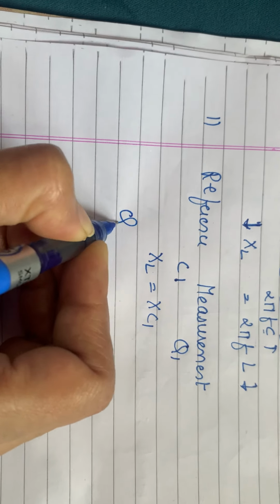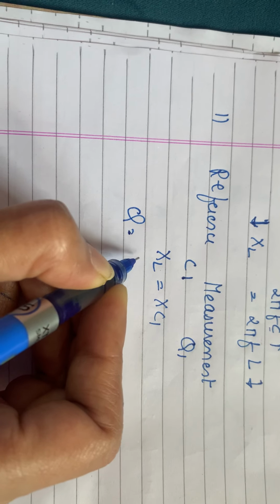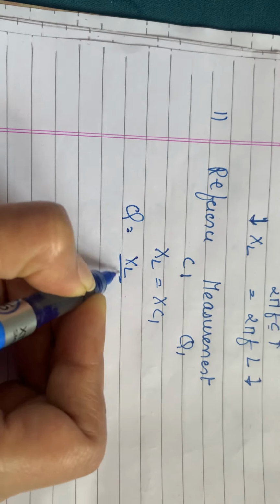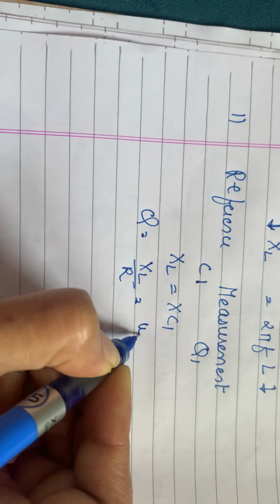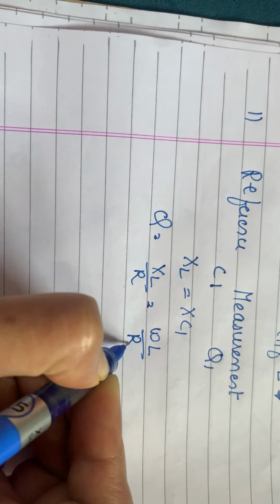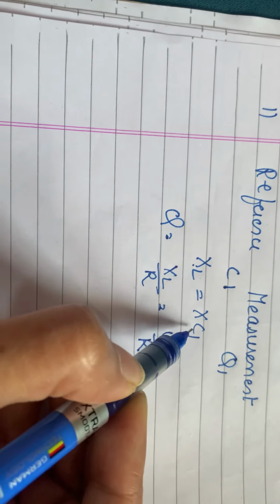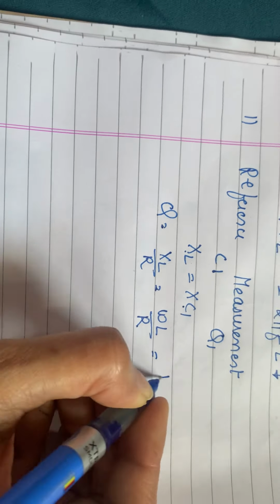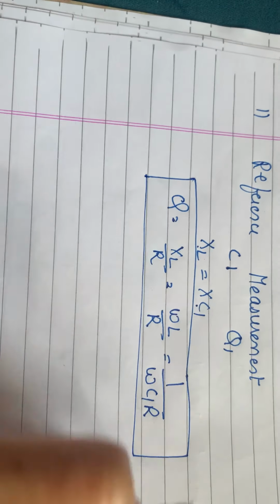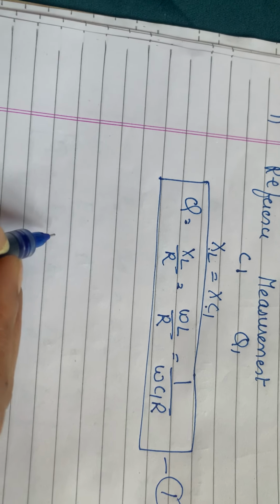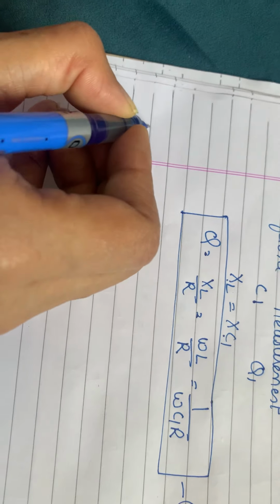So, what is the Q this time? Q, by definition, is XL by R, which is equal to omega L by R. And since omega L, that is XL, is equal to XC1, the same can be rewritten as 1 upon omega C1 R. Give it equation number 1. This is what we have concluded from the reference measurement.